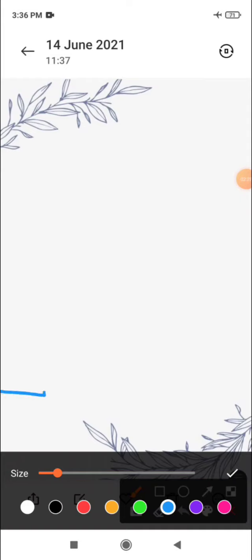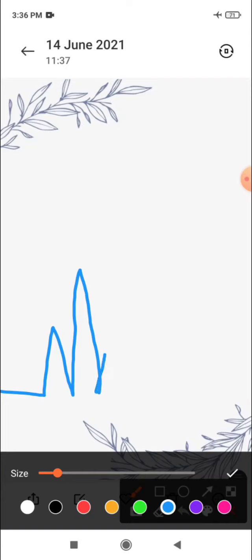See, if we take an example: this is test, this is standard, again test, again standard.